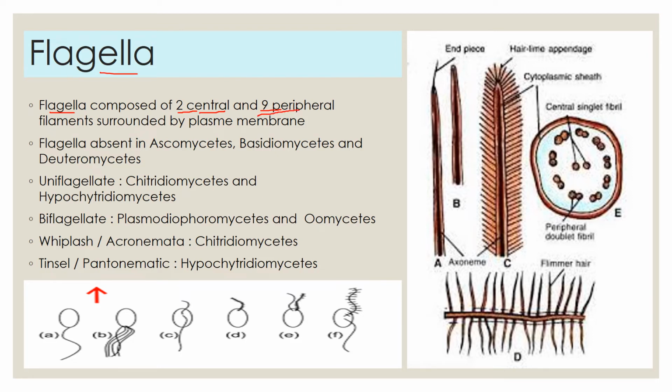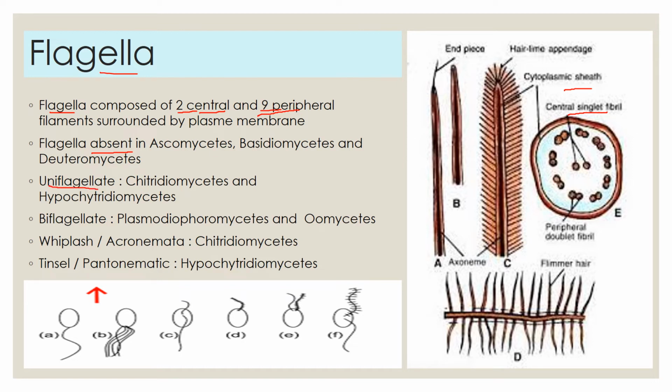Here we see the picture where 2 central fibrils and 9 peripheral fibrils together are surrounded by a cytoplasmic sheath and plasma membrane to form the flagella. Now this is the cross section of a flagellum, and flagella are found only in the phycomycetes, absent in the higher fungi.